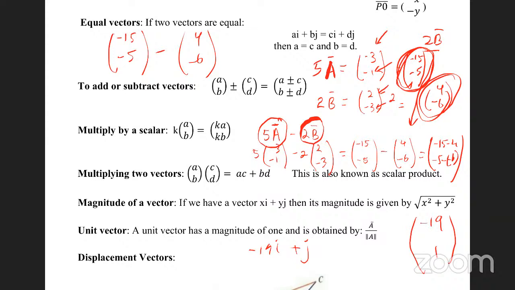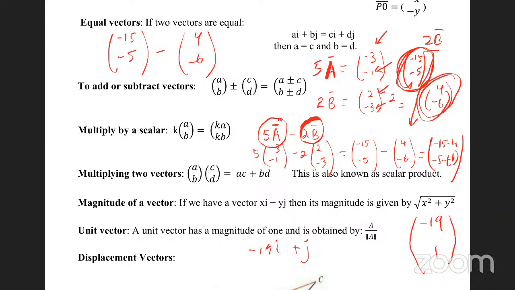That's okay? And that's how I got minus 19, minus 11. All right, nice. You okay now, Imran?